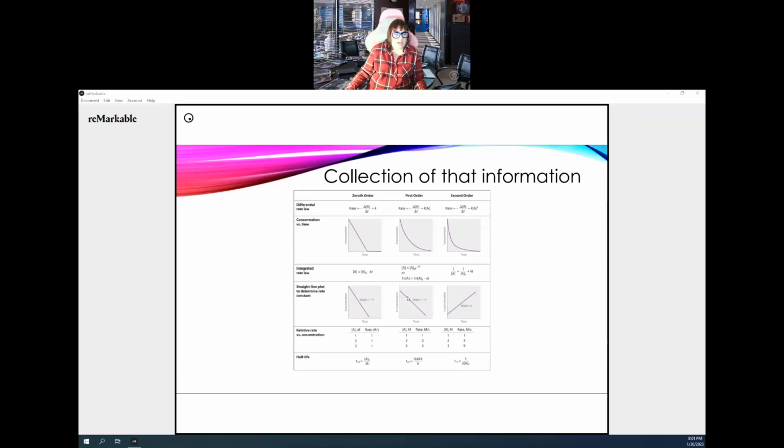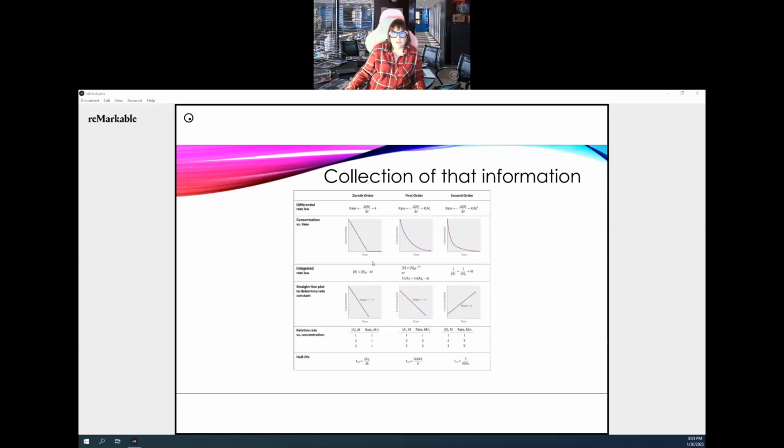If we look at the differential rate laws, we have zero order, change in concentration over change in time. First order gives k times the concentration of A. Second order gives k times the concentration of A squared. If we were to plot concentration versus time, we end up with this one looking like this, and this one looking like this. That's not very helpful. We know that the integrated rate laws look like this.